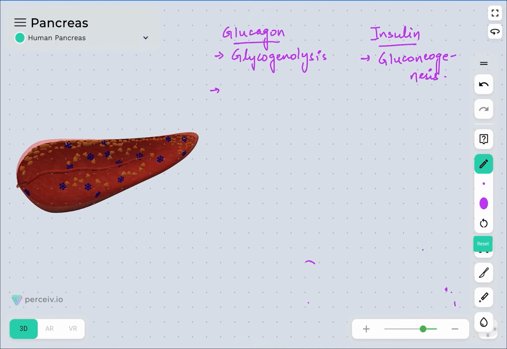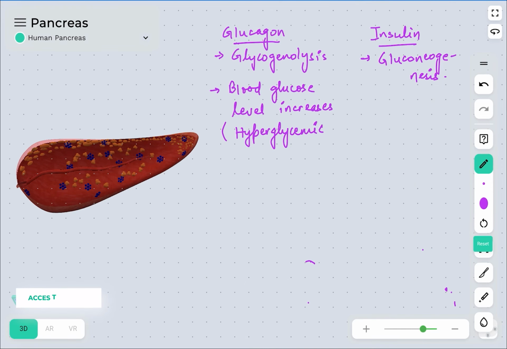This indicates that in case of glucagon, blood glucose level increases. Since the blood glucose level is going to increase, this hormone is considered a hyperglycemic hormone.